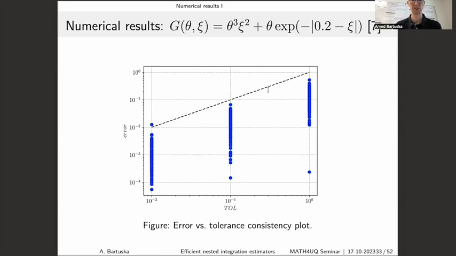Okay, and here is a consistency check. We ran the estimator 100 times for several tolerances. For a confidence of 95%, we expect the error to be below the tolerance around 95% of the time.